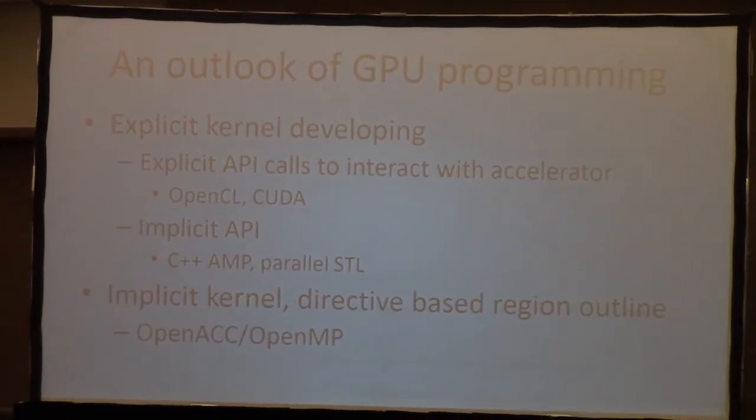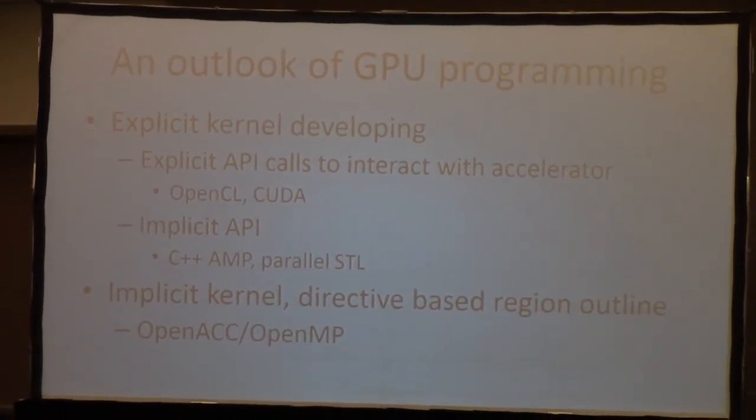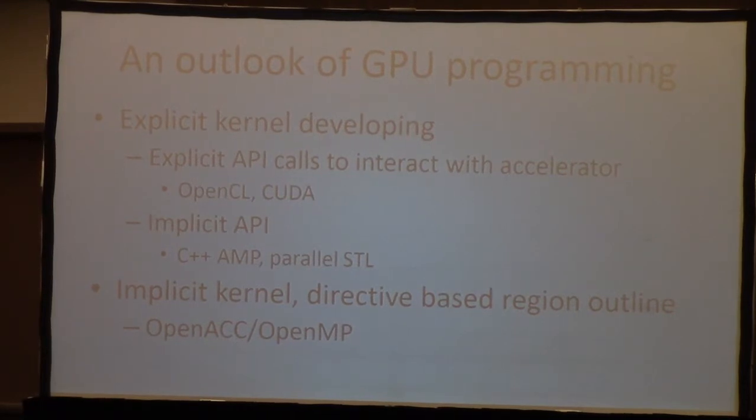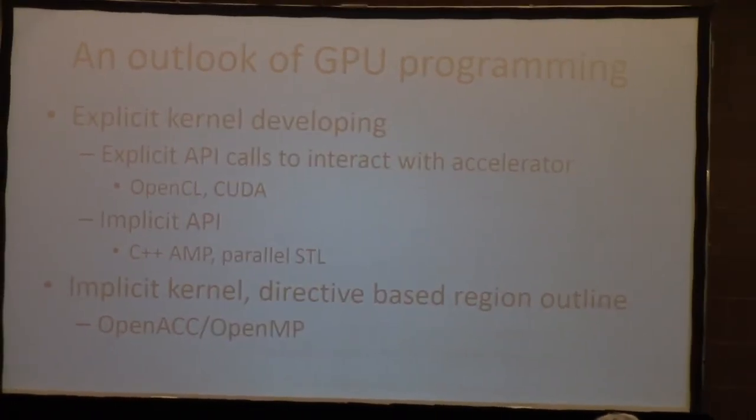In this slide, I'm trying to say OpenMP is one of the simple things in the whole category. It may not produce the fastest program for you, but it certainly will be the simplest.